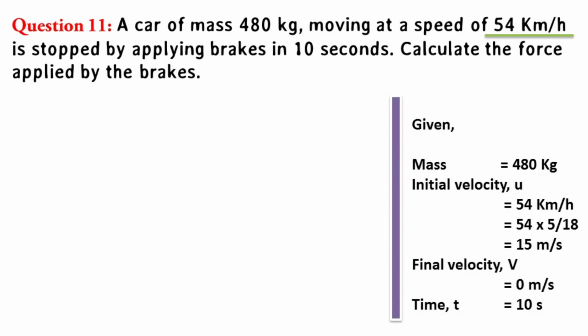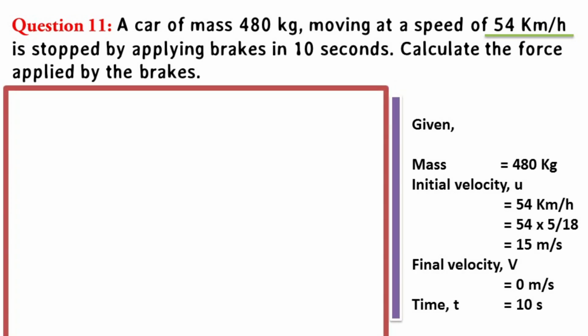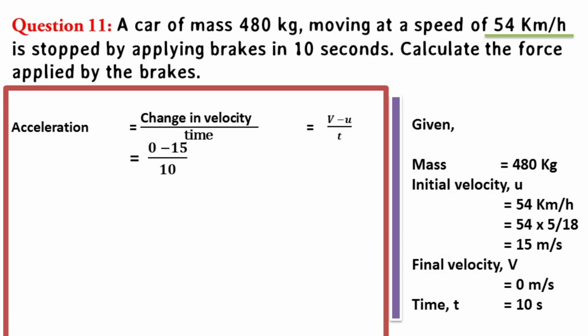Now in the formula, acceleration is equal to change in velocity divided by time, v minus u divided by t. Substituting the values, a is equal to 0 minus 15 divided by 10, which is equal to minus 1.5 meter per second square.